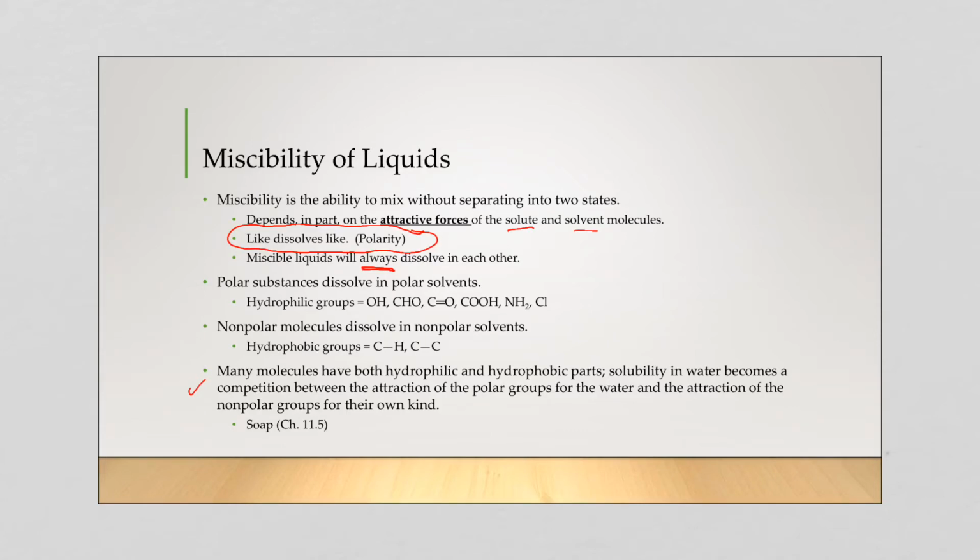And so sometimes this can make them soluble in both polar solvents and nonpolar solvents. Or it can allow them to act like soap and allow polar and nonpolar materials to mix. But the basic idea is polar likes polar, nonpolar likes nonpolar.